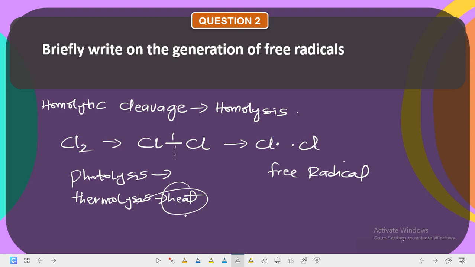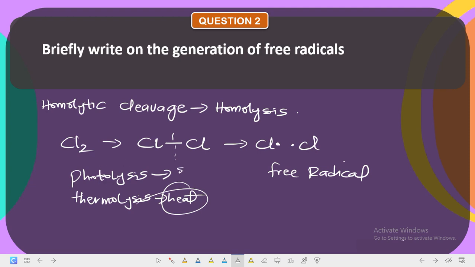Is that understood? So free radicals are formed in homolytic cleavage, and it's a type of bond cleavage or bond breaking whereby each of the participating atom after the bond takes their what? Electron, leading to the formation of what? A radical. Is that okay? So that is the generation of free radical. It may be photolysis or thermolysis.